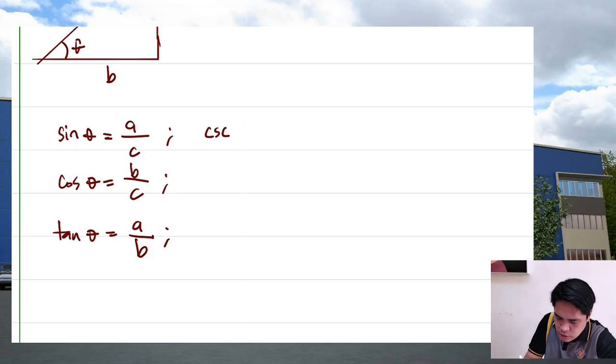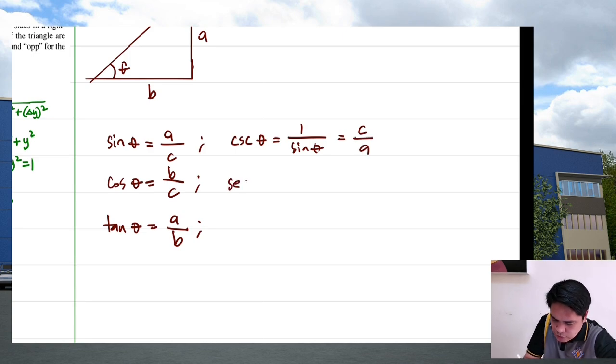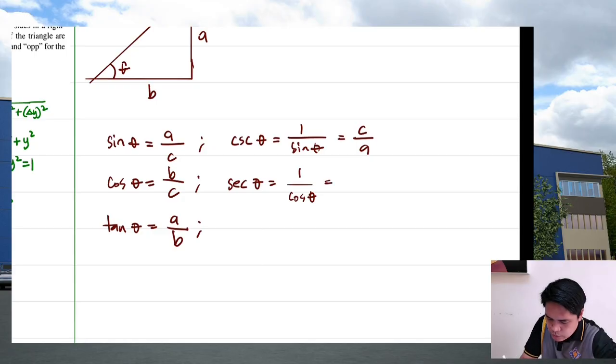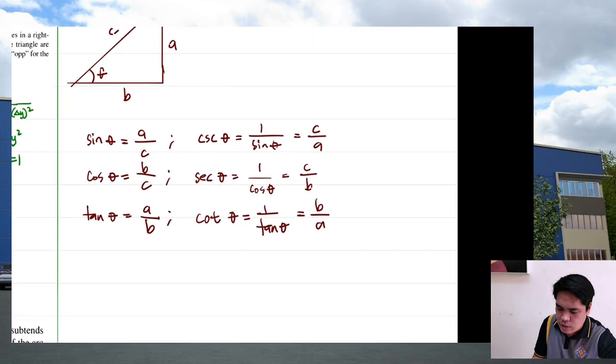You have cosecant theta, that's the reciprocal of sine theta, so that is C over A. We have secant theta, that's the reciprocal of cosine theta, so we have C over B. And cotangent theta, that's the reciprocal of tangent theta, so we have B over A. So ito yung mga functions na kailangan natin tandaan.